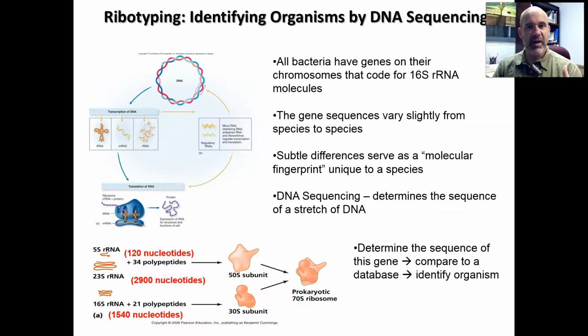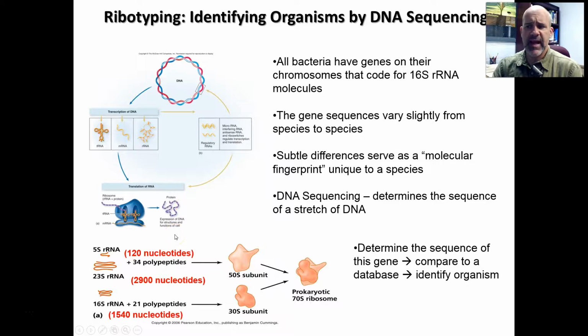And so eventually we're going to get to the point where that is less expensive and much faster than the types of techniques that you got some experience with in your virtual lab on unknown bacteria identification. So something like this will ultimately substitute for all of those biochemical tests that have traditionally been used to help us identify microorganisms in the laboratory.